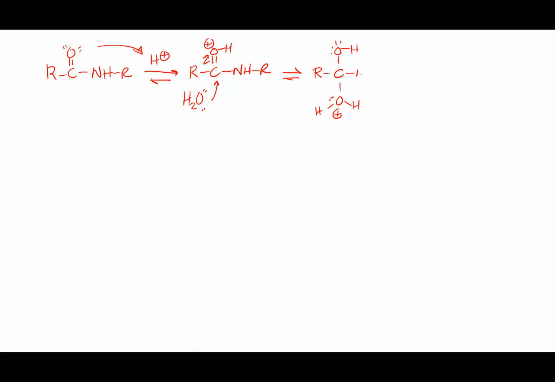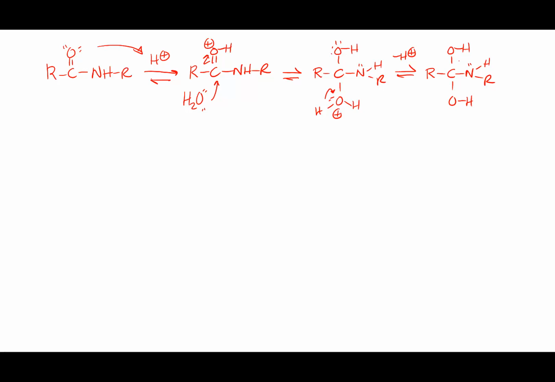And then our NHR group over here on the side. We're then going to lose our H+ to form the two OH groups here, and then of course our NHR group. Now it's time to protonate something. Protonating the OH group just takes me backwards.